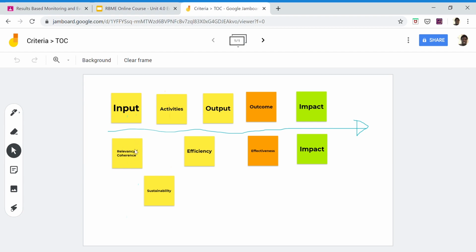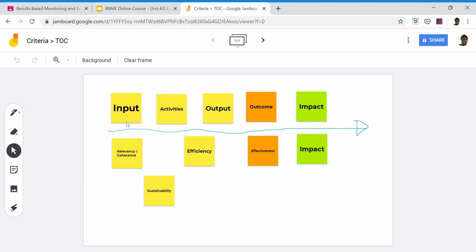Then you have relevancy and coherence. Relevancy in terms of the inputs, which in essence is whether the target audience actually needed the program that was designed, and coherence in terms of whether this matches the current policy of the government in that particular community or area where the program was being conducted.